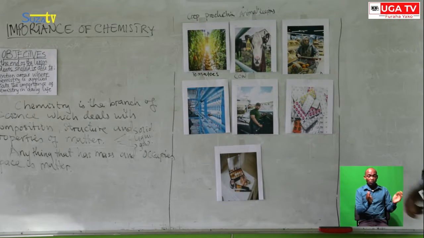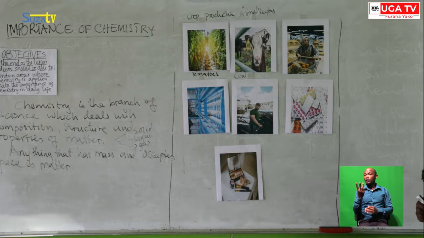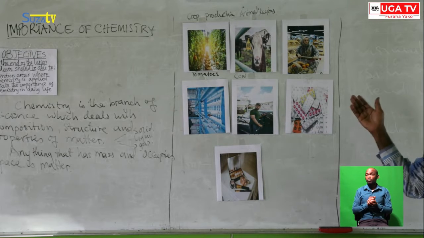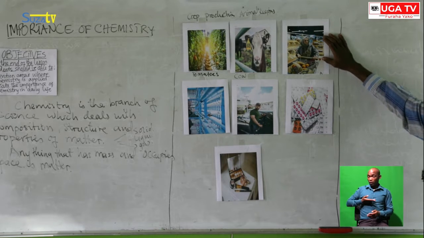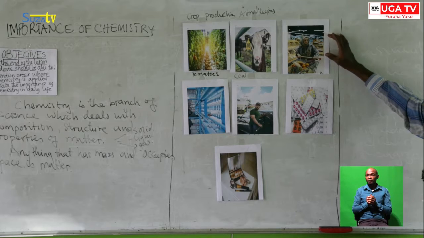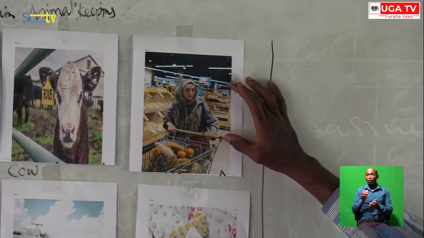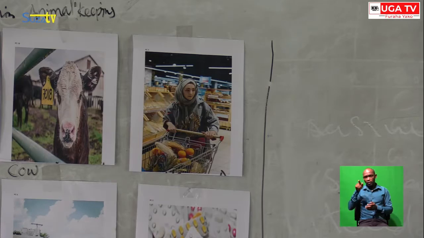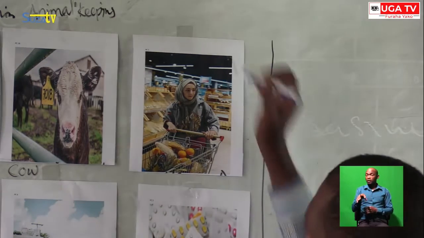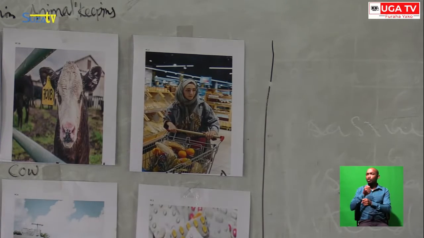What about the third picture? What do you see? There's a woman. Where do you think this picture has been taken? Yes, at a supermarket. Very good. What is she doing?